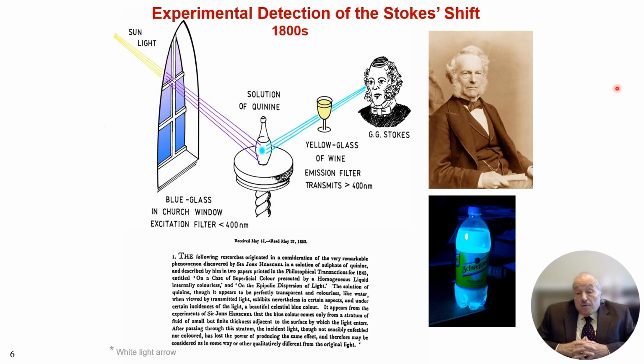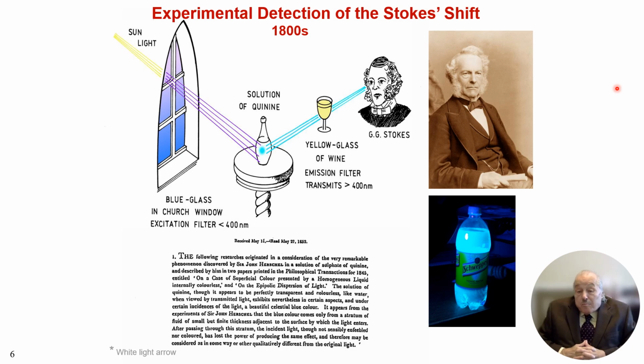The next advance in fluorescence was by Sir George Stokes, and he noticed that the light coming from the fluorescent sample was not the same color as the light that was impinging on the sample. This might be a little bit of urban legend, but the way it's said that the experiment was done was that he used deep blue light through a deep blue piece of church glass as a filter, and then he looked at the bottle from the side.